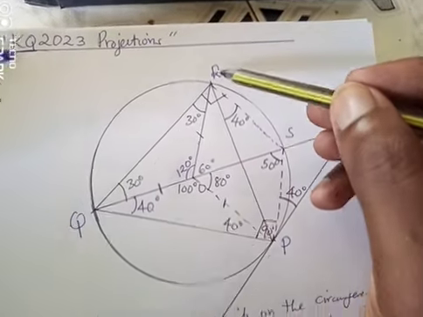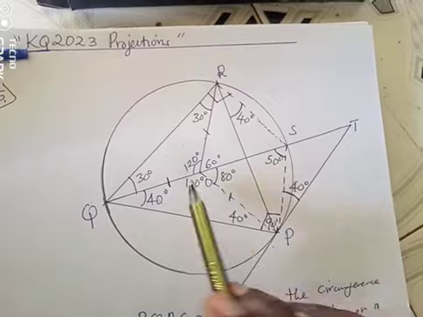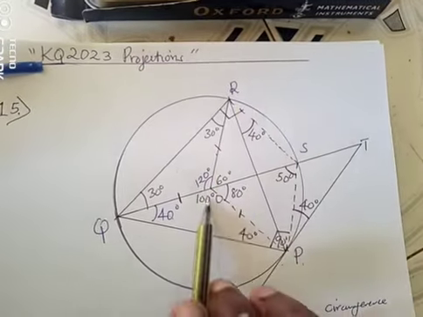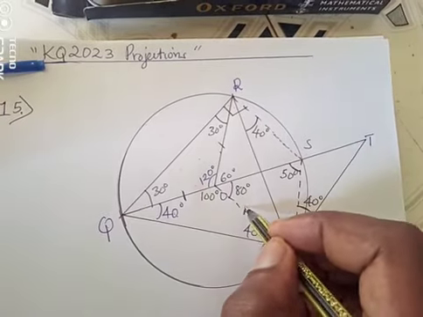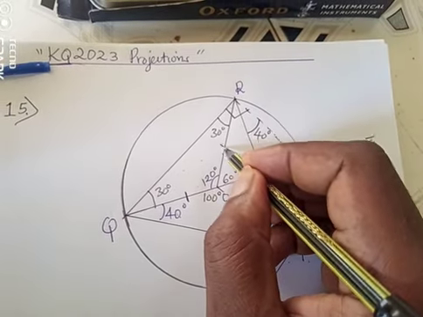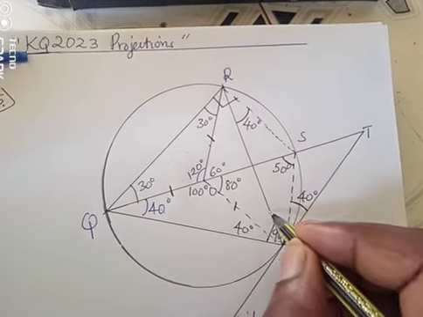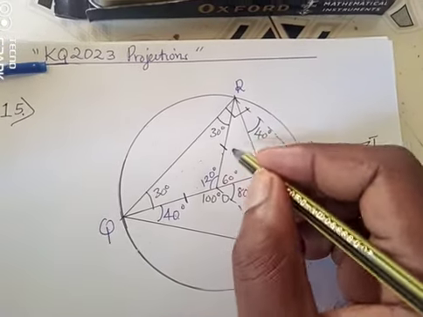Consider triangle ROP. Here being a radius and a radius, it also becomes an isosceles triangle with base angles being the same.